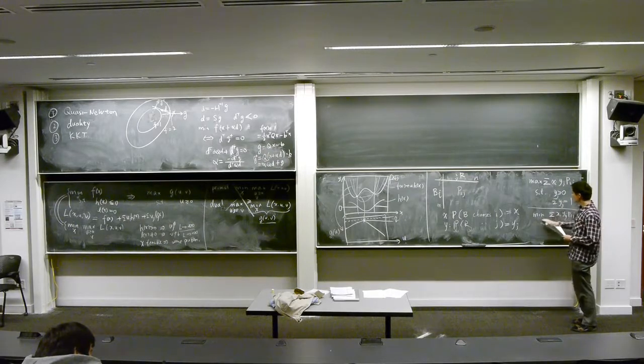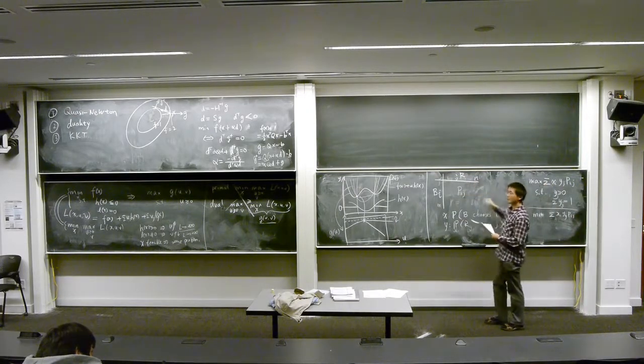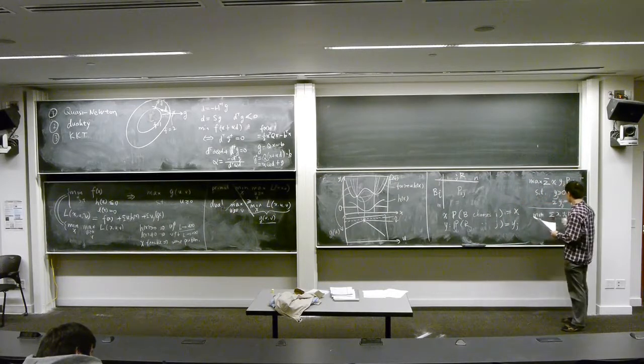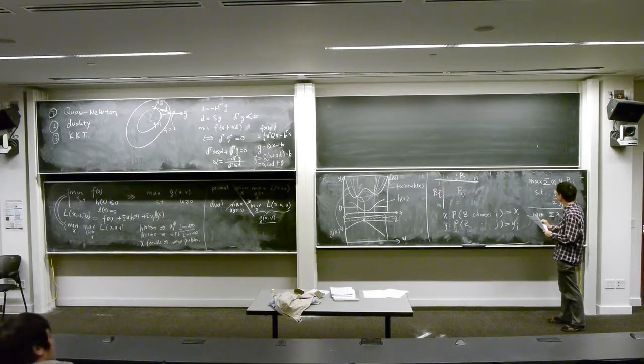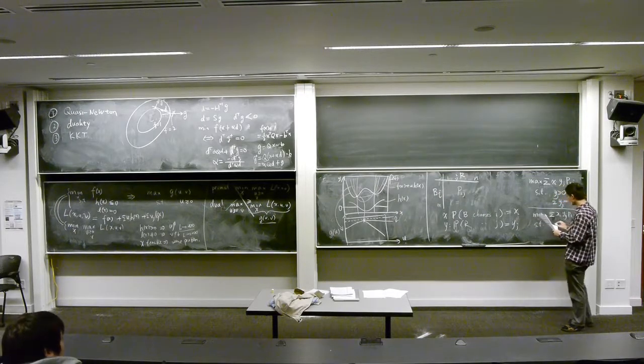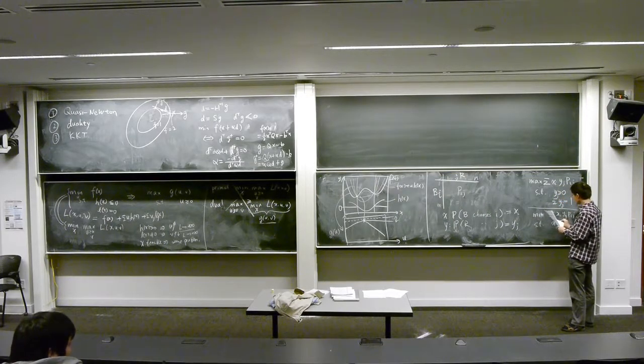Well, actually, it's maximizing the negative, but it's equivalent to minimizing: minimize the money that Barnabas loses to Ryan, or maximize the money that Ryan gives to Barnabas. And here the constraint becomes x greater than or equal to 0, and the sum of x_i equals 1.